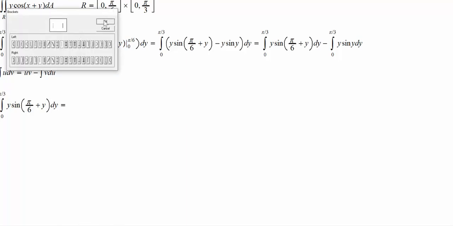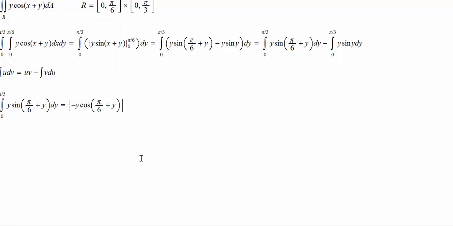Okay, so let's just write this down here. It ranges from 0 to pi over 3, right? And then we have a negative sign again. Then we are going to have the integral of v du, which will be a definite integral in here.